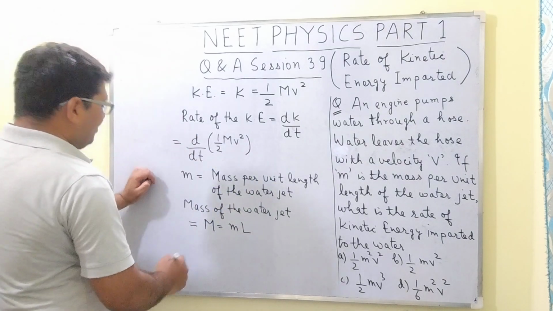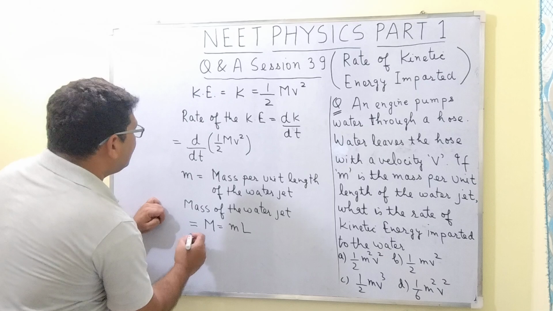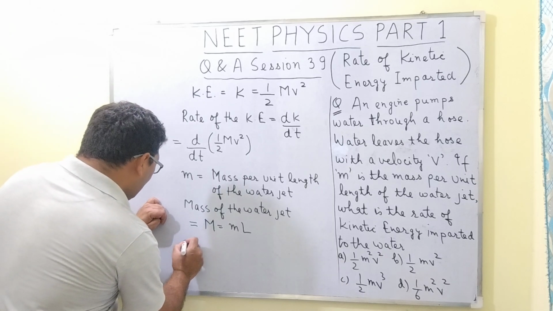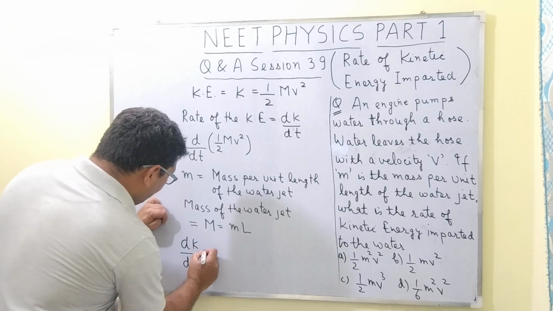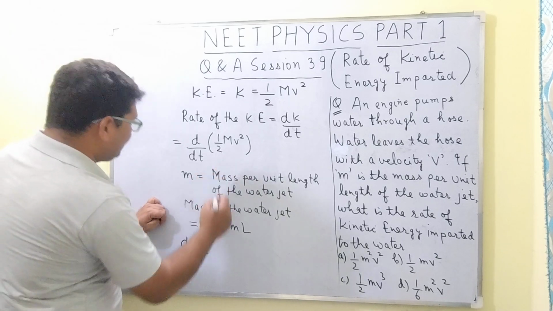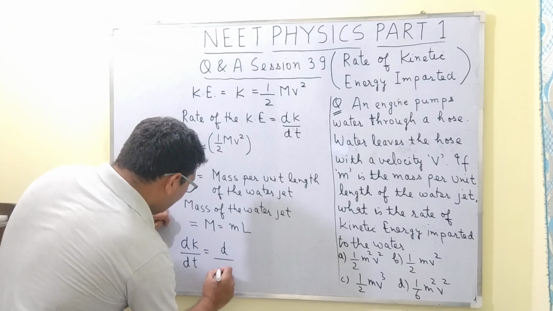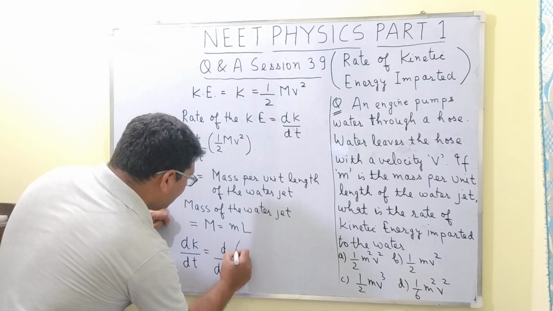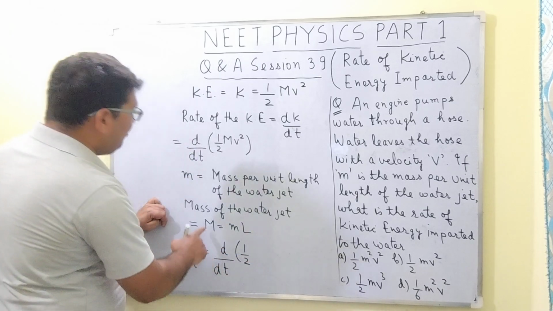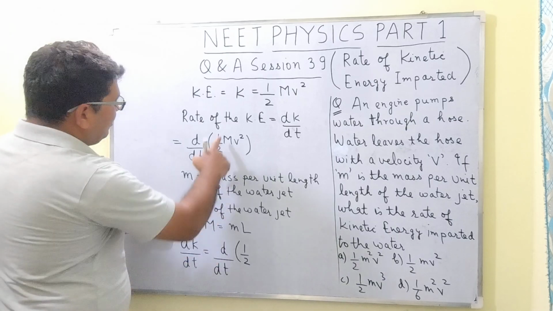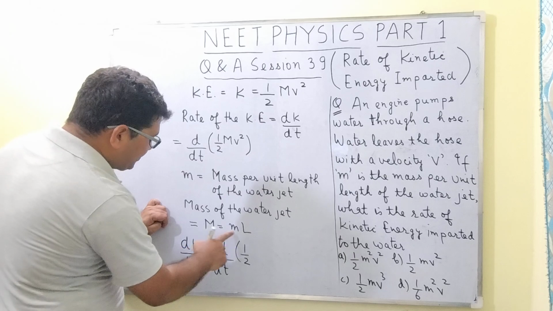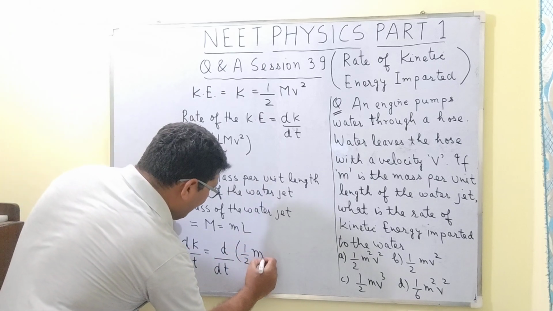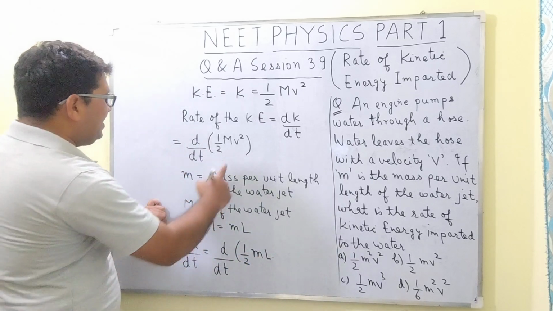So the rate of the kinetic energy, that is dK upon dt, this can be written as d upon dt 1 by 2. Now m is the mass in this equation, and so m will be substituted by this m into L and into v square.